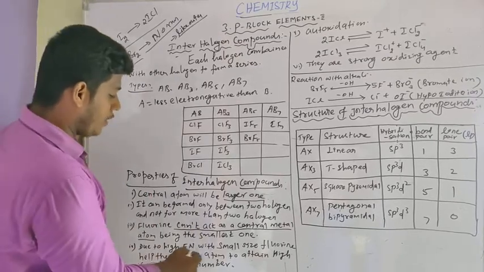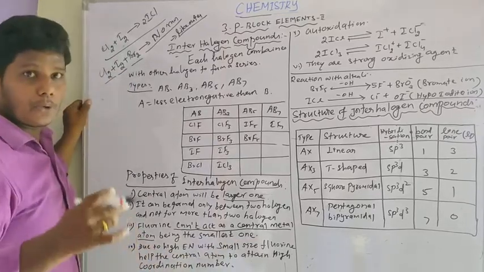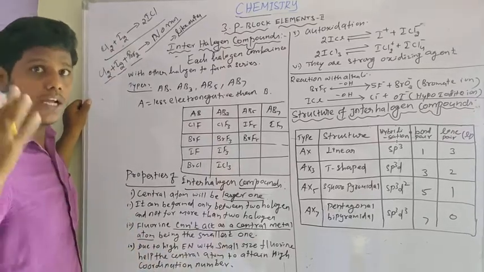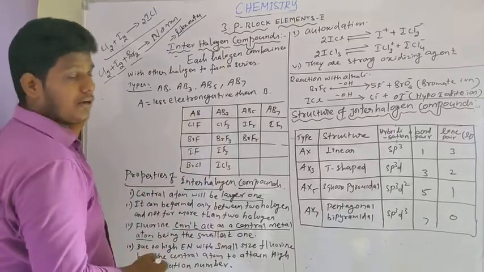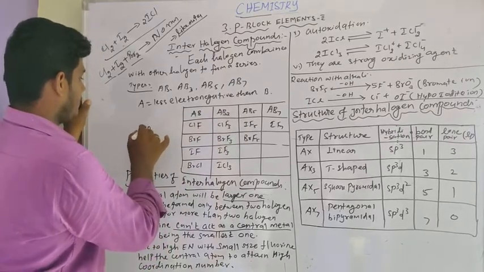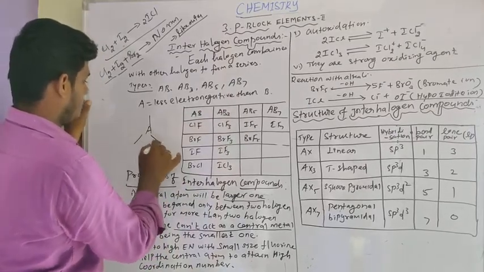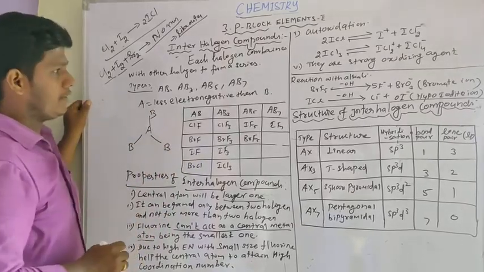Due to the high electronegativity and small size of the fluorine atom, it forms coordination bonds with the low electronegative atom, like A and B, in AB3 type.